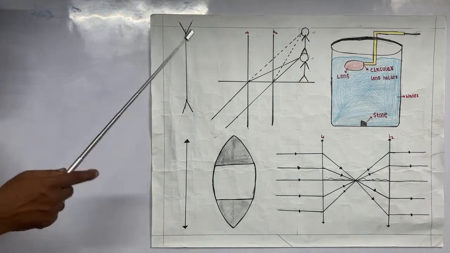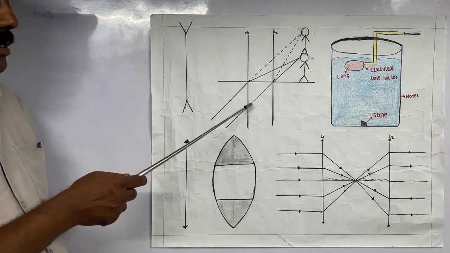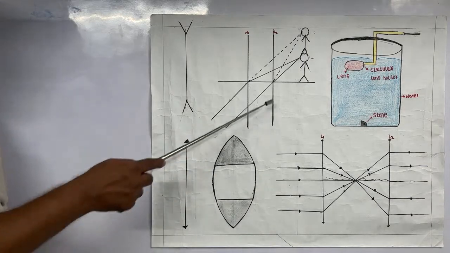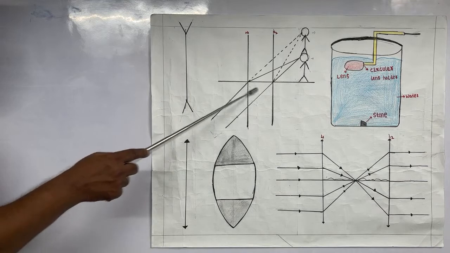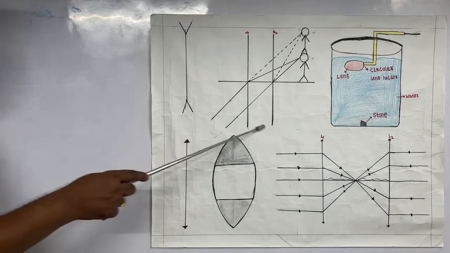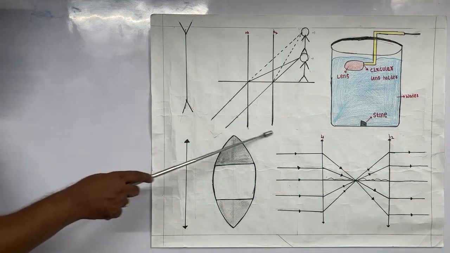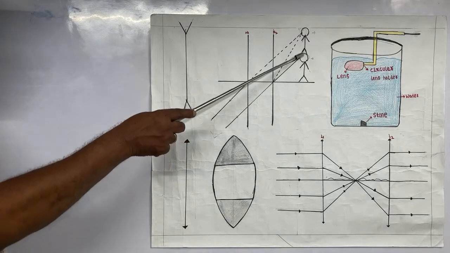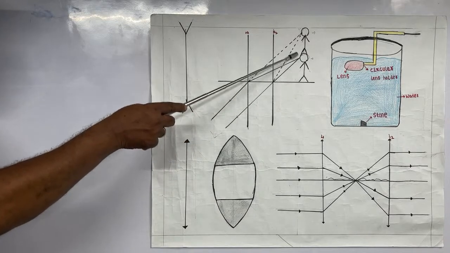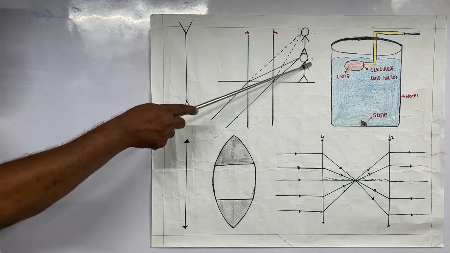And the next thing is, here we can see this is the denser medium, a swimming pool. Your friend is standing on the base of the swimming pool, and his height is suppose 5.6.